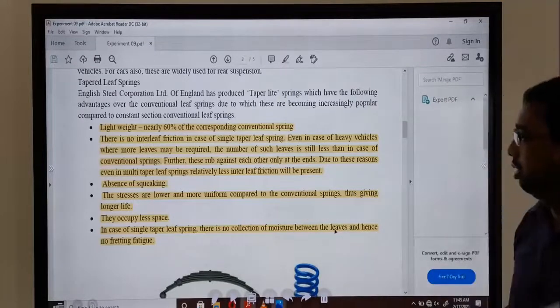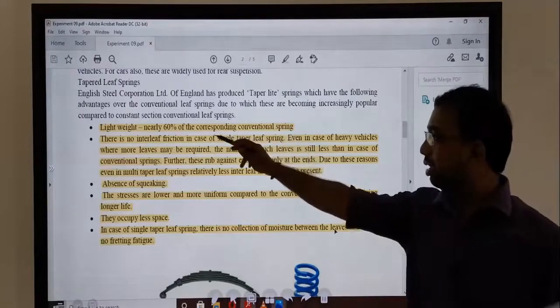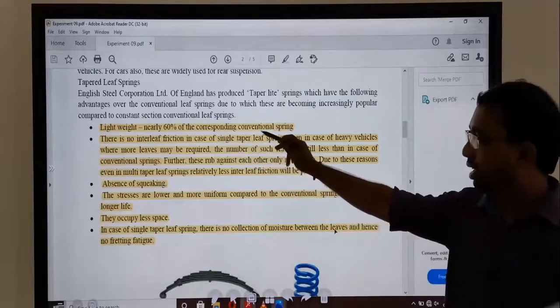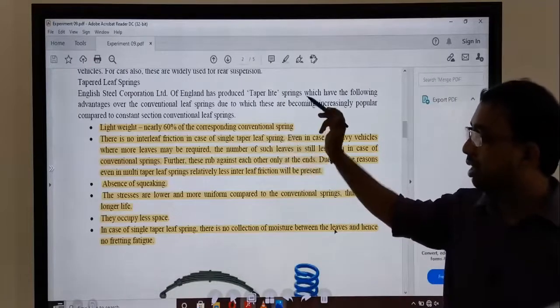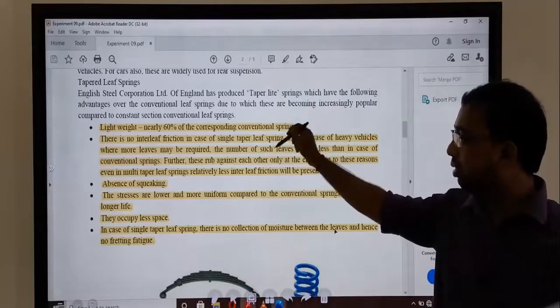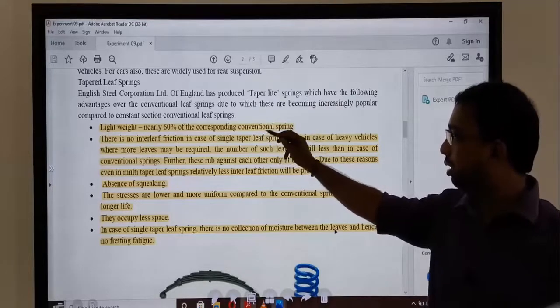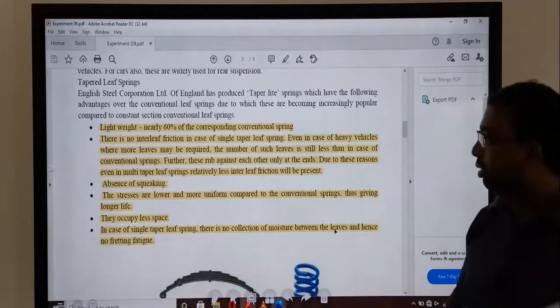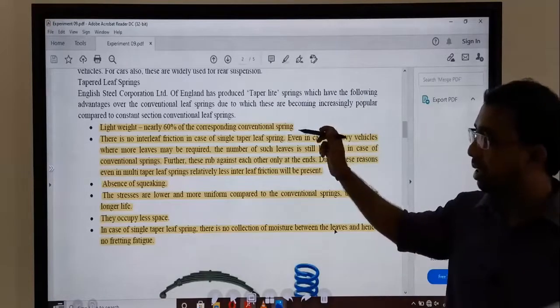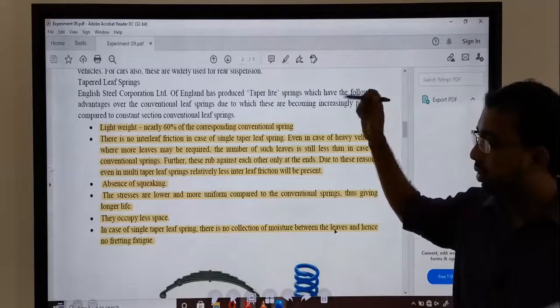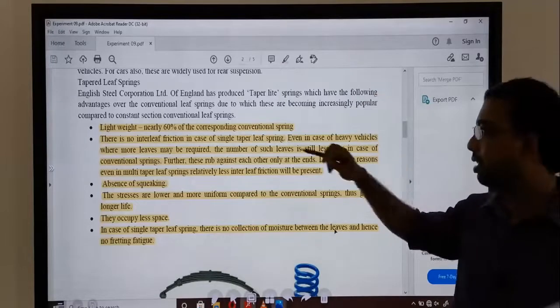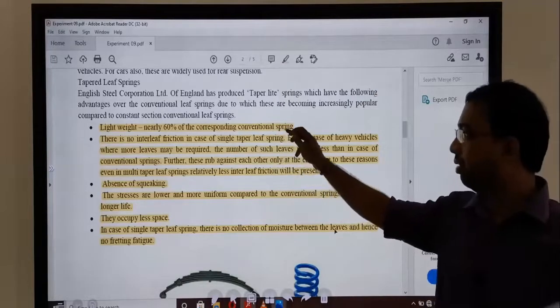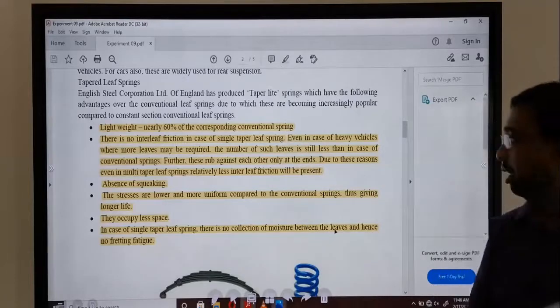If the conventional spring weight is 100, the weight is 60% reduced compared with the conventional spring.